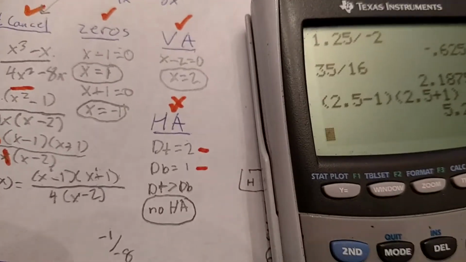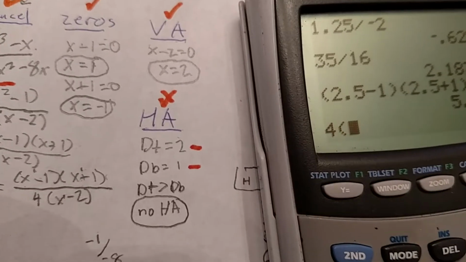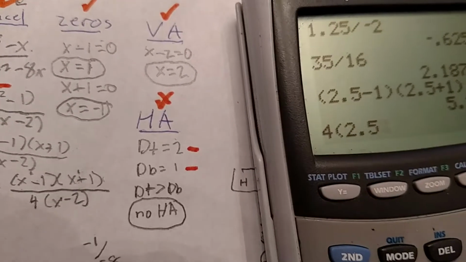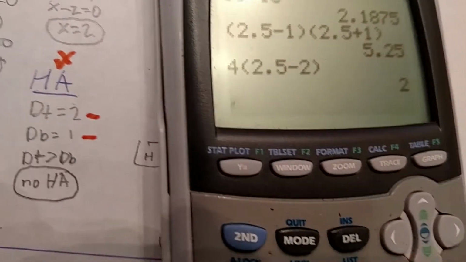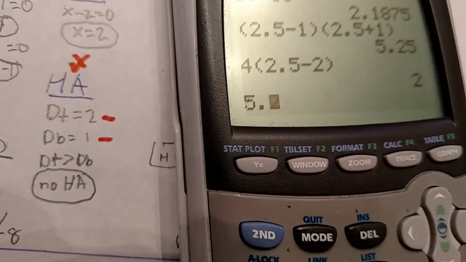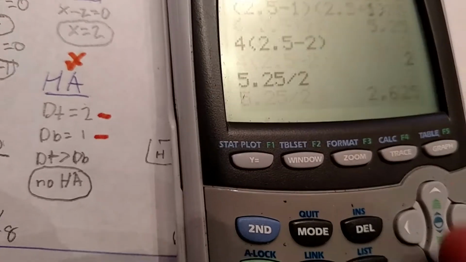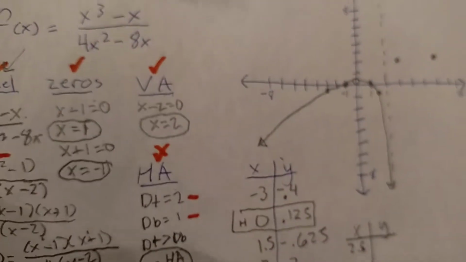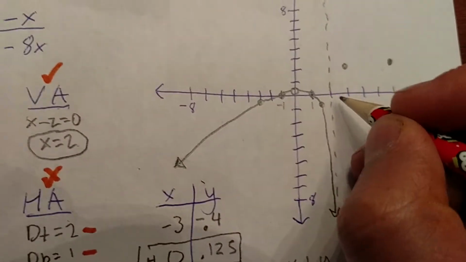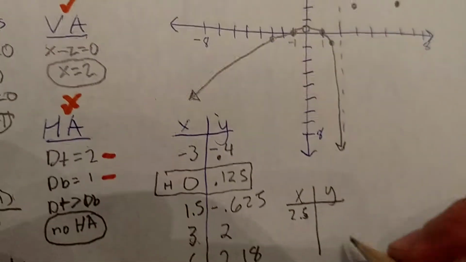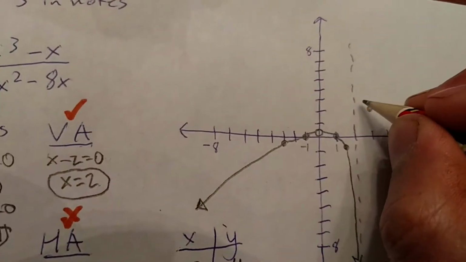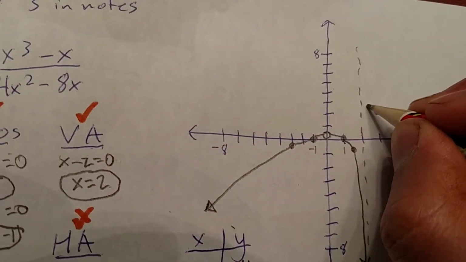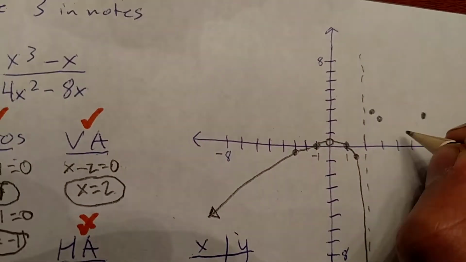And then all over 4.5 minus 2. Okay. All right. So 5.25 divided by 2 is 2.625. That helps me a little bit. So I'm going to go over 2.5, up 2.625. And that means that point is a little bit higher. So that helps me a little.